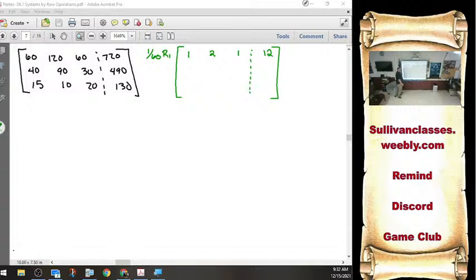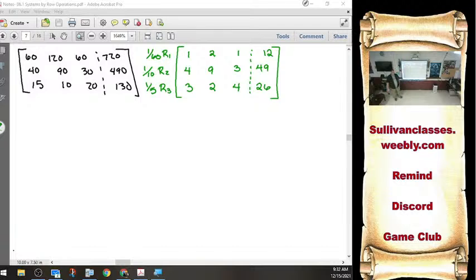What can I do to row 2? 1/10th row 2. Call it 4, 9, 3, 49. What can I do to row 3? 1/5 row 3. 3, 2, 4, and 26.